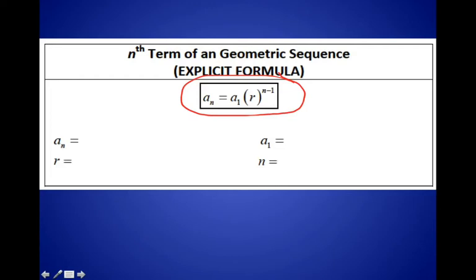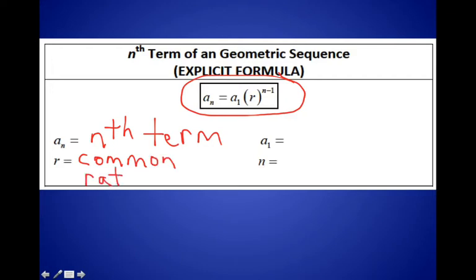So a sub n is just considered the nth term, like yesterday. The r is called the common ratio, just like yesterday was the common difference. This is the common ratio, the thing you multiply by. A sub 1, again, is just the first term. And n is just your term number.